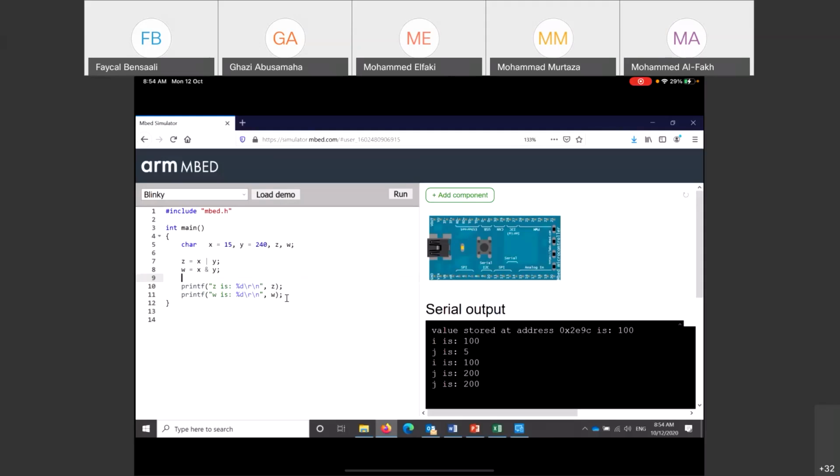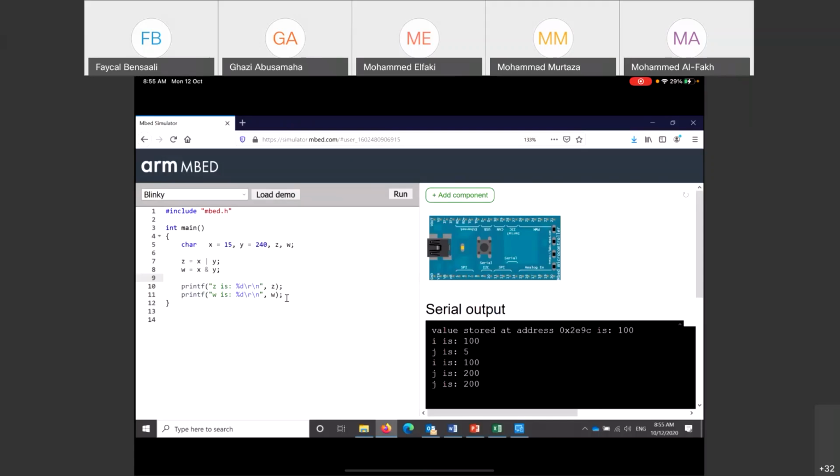So X is 8-bit. All of them are 8-bit. Can someone answer the question? The first one, for example, Z. First one would be so the binary would be all ones.